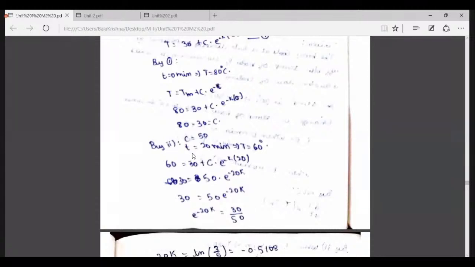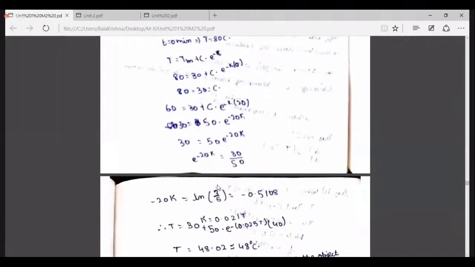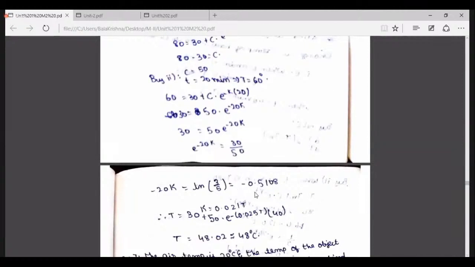So second condition: when time is 20 minutes, temperature of that object changed to 60 degrees. So here T is equal to 60, air temperature is 30 plus C into e power minus k into time, which is 20 minutes. We have the C value also here, substitute over here and simplify, so that you will get e power minus 20k is equal to 30 by 50.